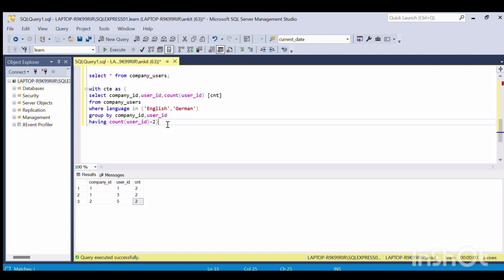I'm going to write this with select. I'm not going to store it in another CTE; I'm going to first write the query.